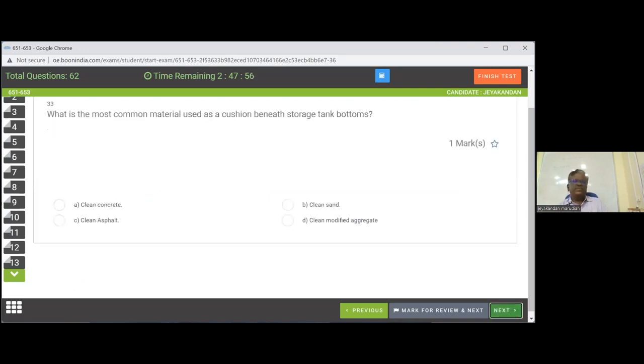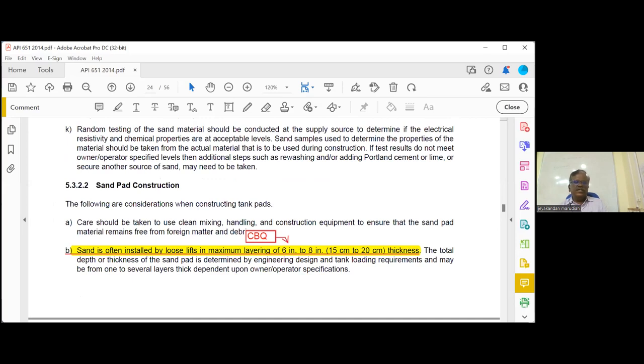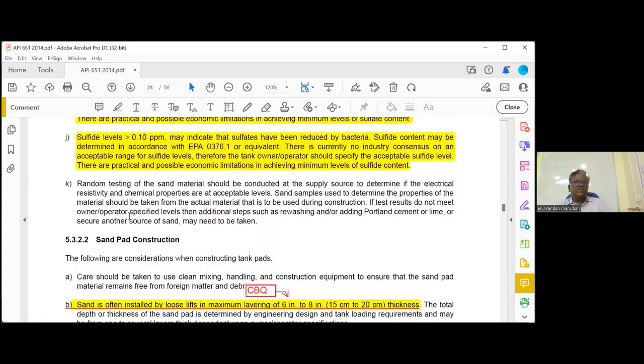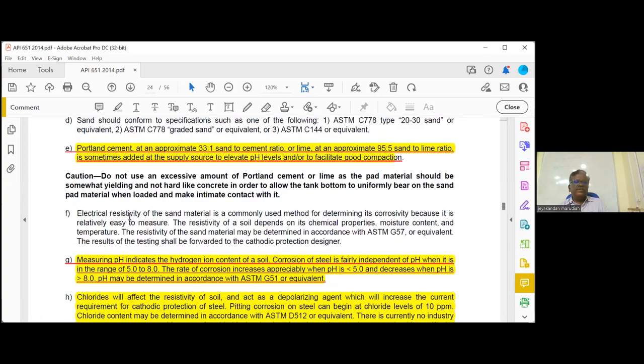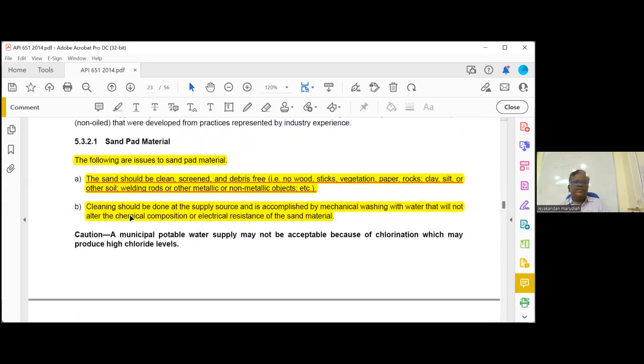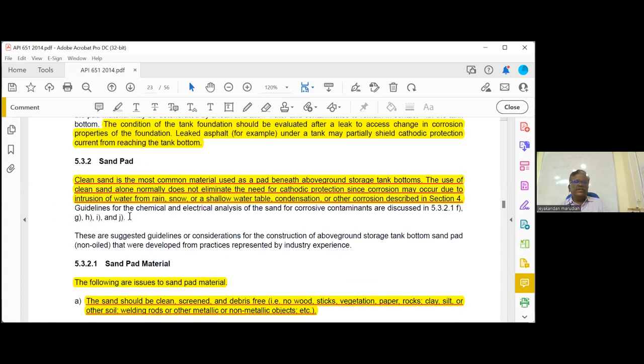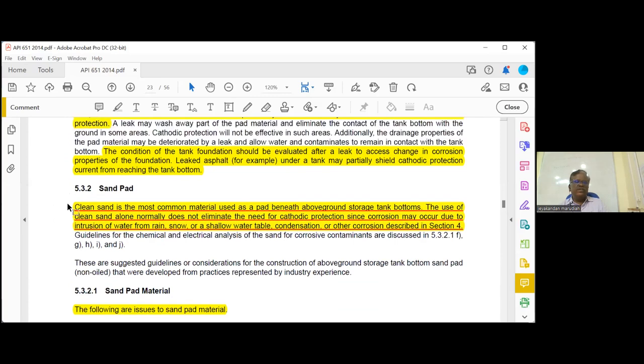Next. What is the most common material used as a cushion under a storage tank bottom? So clean sand. Okay. So where is it given? I think here. Sand is often, no. Okay, here, 5.3.2.